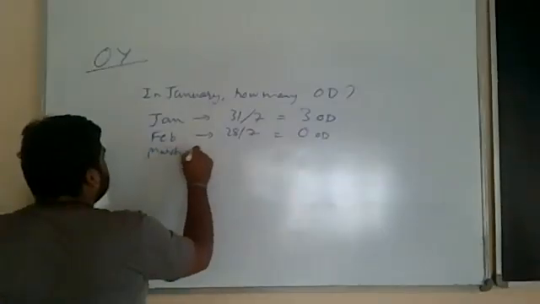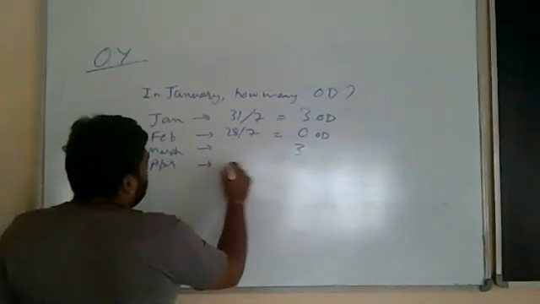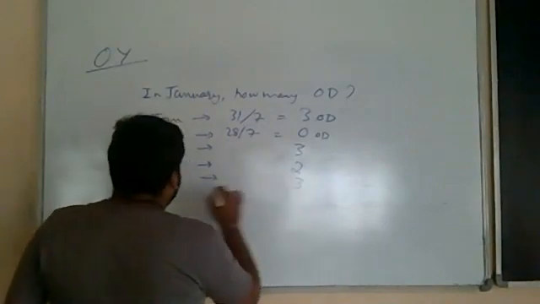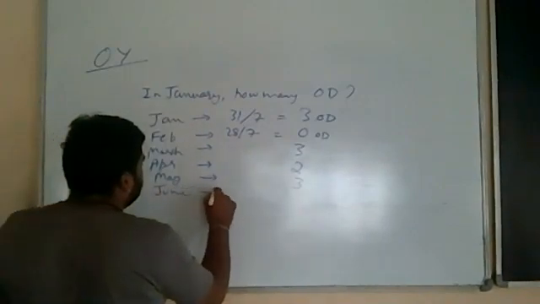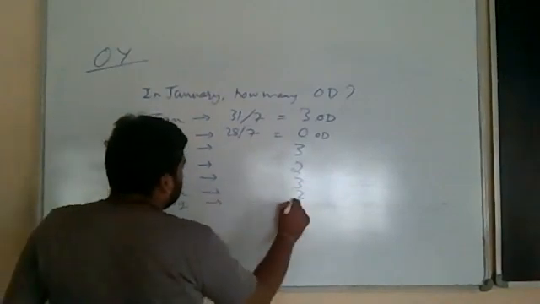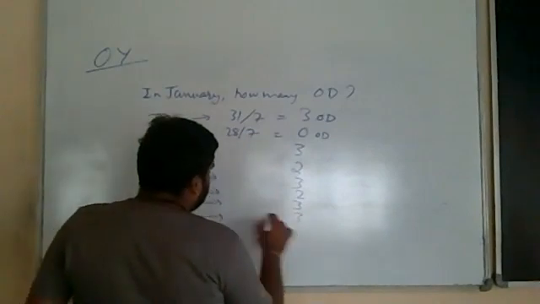February, zero odd days. March, 3. April, 2. May, 3. June, 2. July, 3. August, 3.